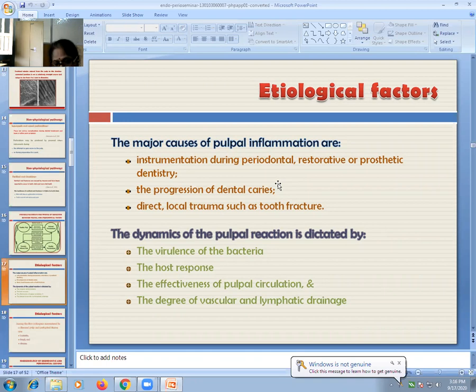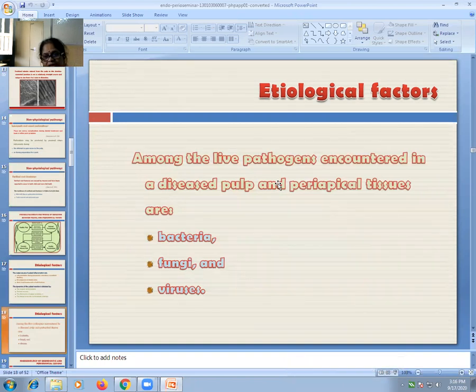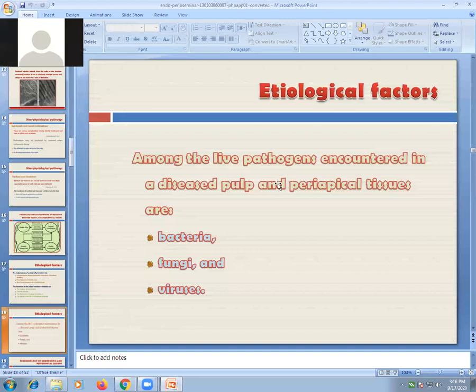Accordingly, the pulp inflammation will be decided. But what are the main etiological organisms responsible? Whenever there is infection, the pathogens will be bacteria, fungi and viruses.